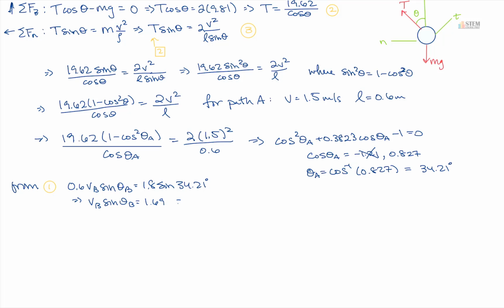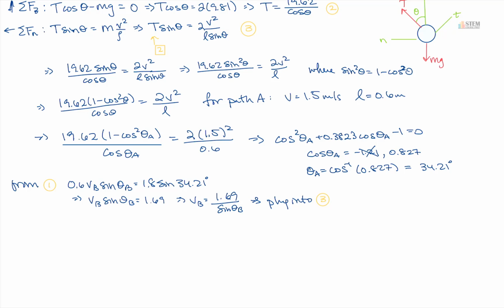If we do this, VB will be 1.69 over sine theta B. Let's take that and plug it into equation 3. This problem is a lot longer than I anticipated. If we plug this into equation 3, what we end up with is T sine theta B equals 2 times V squared.